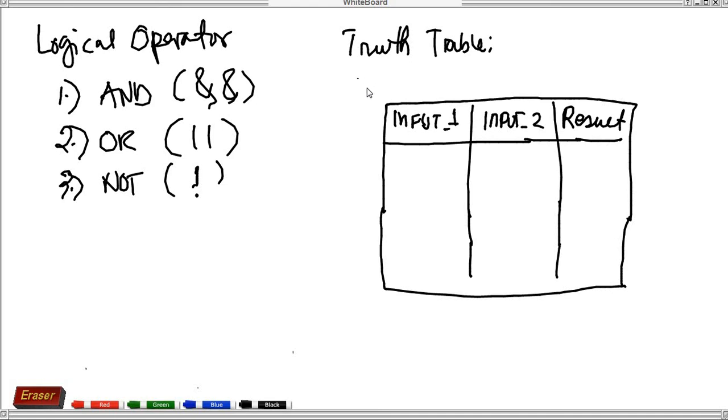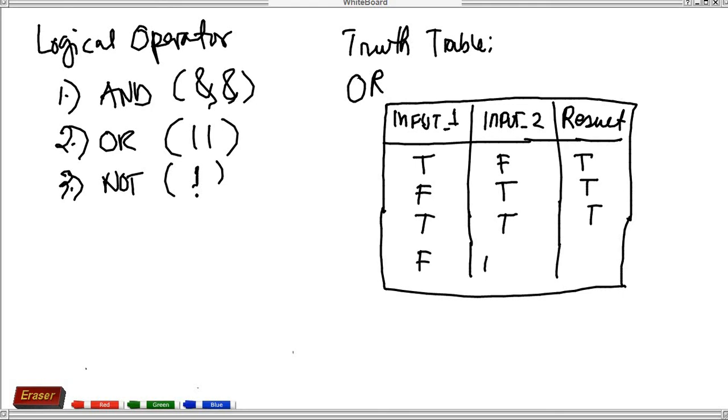Okay? Now, for OR, simple lang ang OR, no? Meaning either. Okay? Now, if the first input is true and the second input is false, the result is true. If the first input is false, the second input is true, the result is true. If two inputs are true, the result is true.